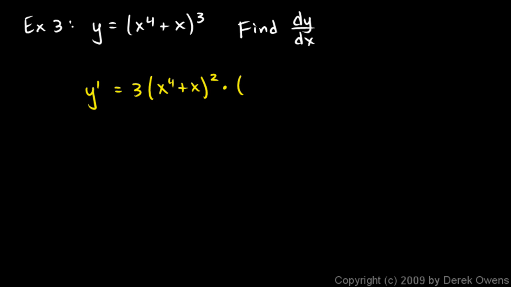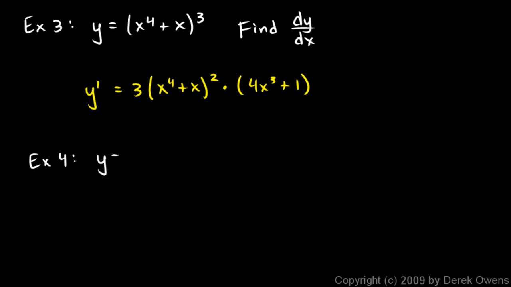And the derivative of the inner function, you can just look at it and see it will be 4x cubed plus 1. So that's it. The derivative of the outer with respect to the inner times the derivative of the inner. That's the chain rule. Let's do another one and think it through in the same fashion.